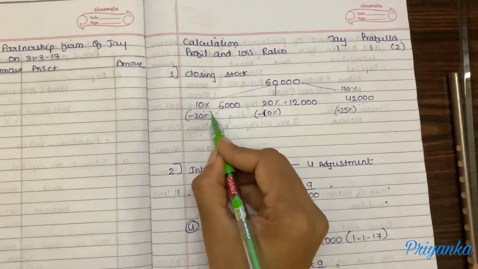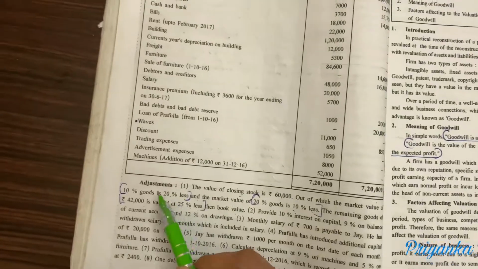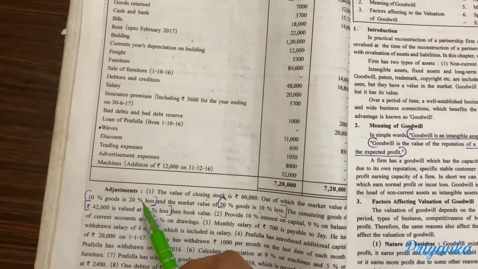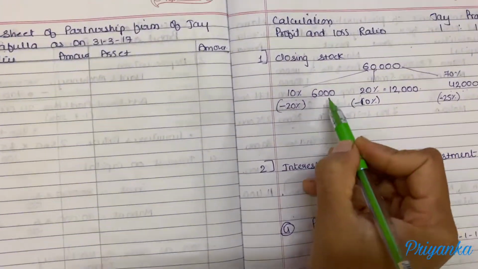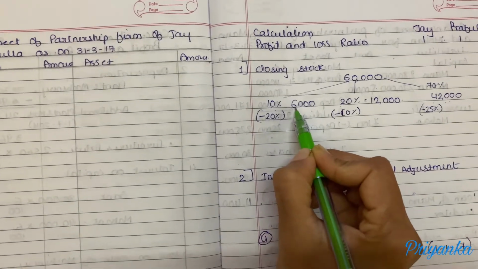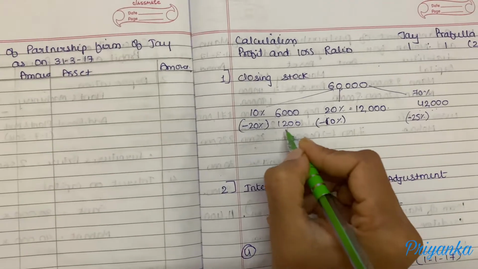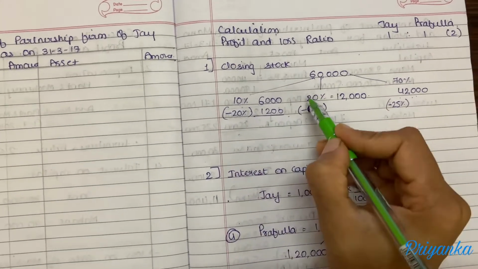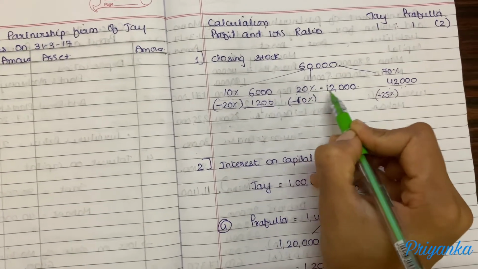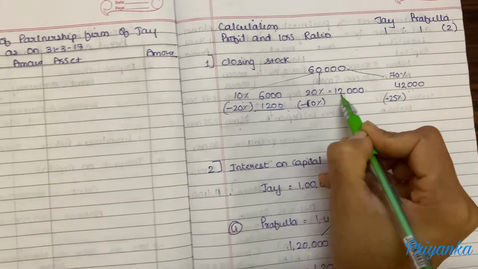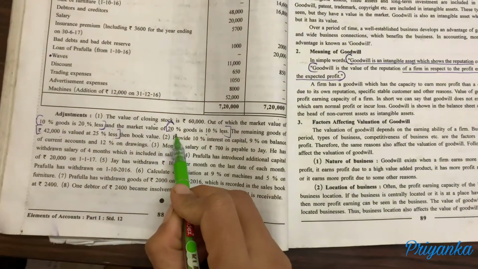So the first bracket is 10% goods is 20% less. If we remove 20% of 6,000, it would be 1,200.